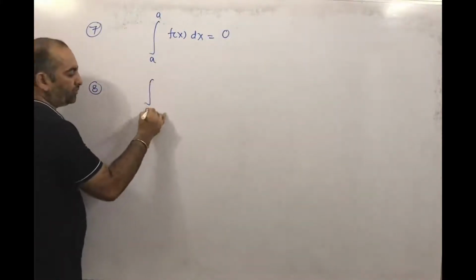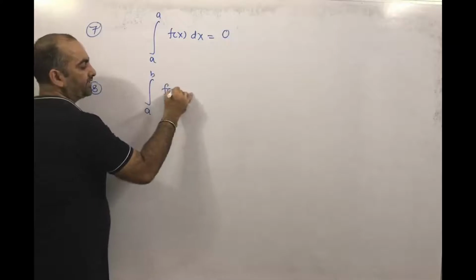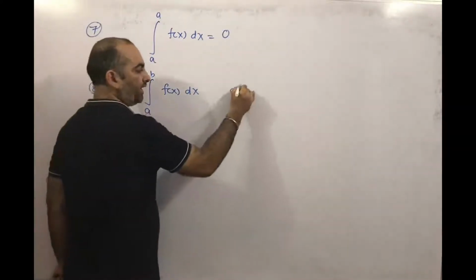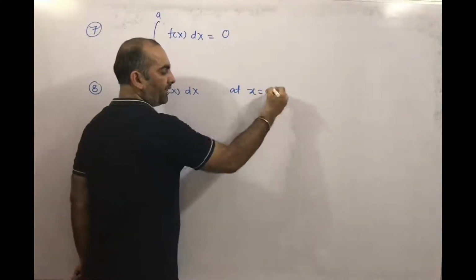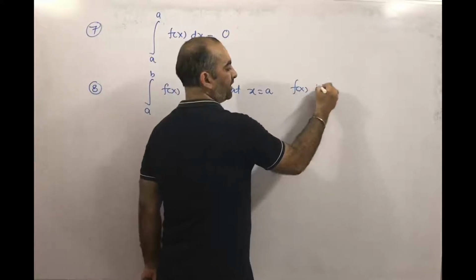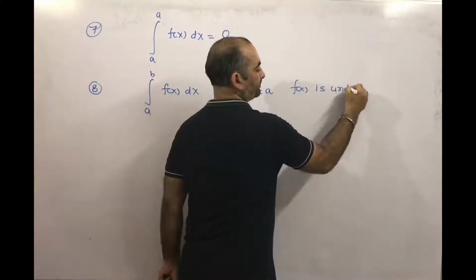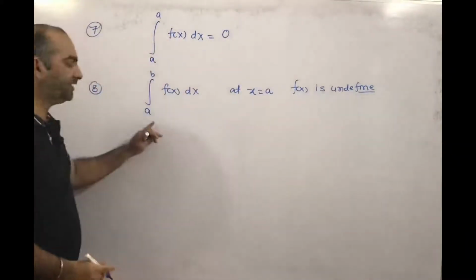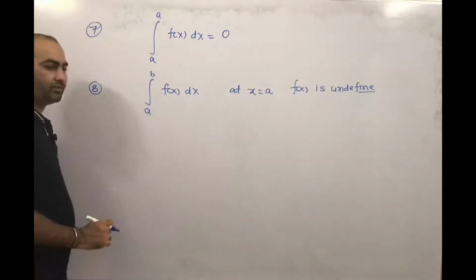8th point, integration a to b f(x) dx. At x equal to a, f(x) is undefined. Then how to integrate? So to integrate this one, what will you do?